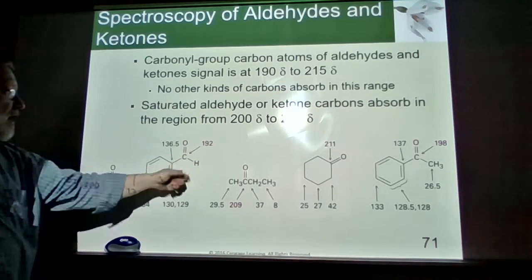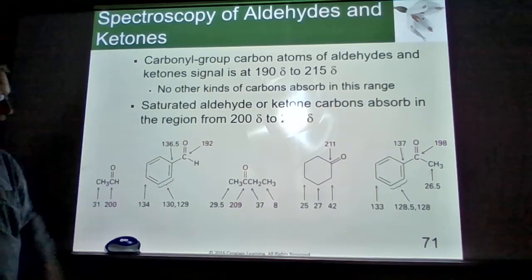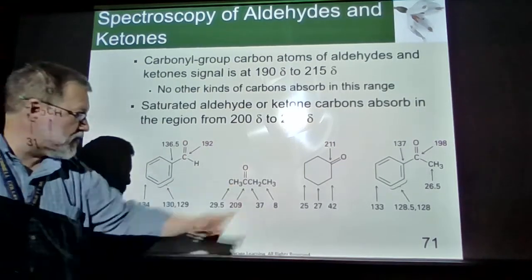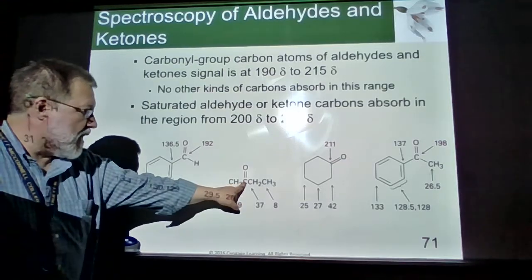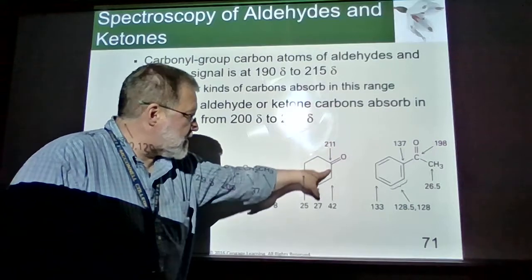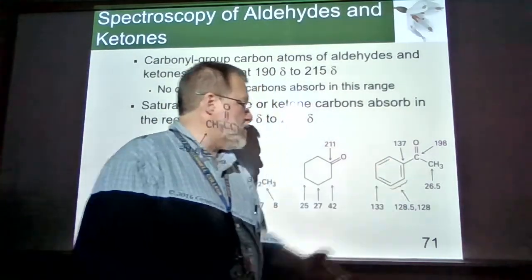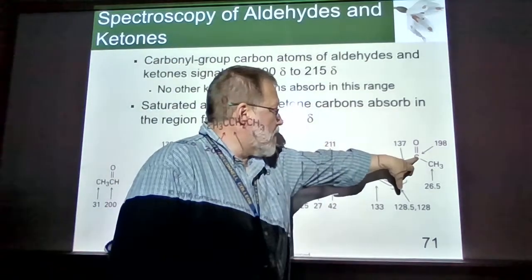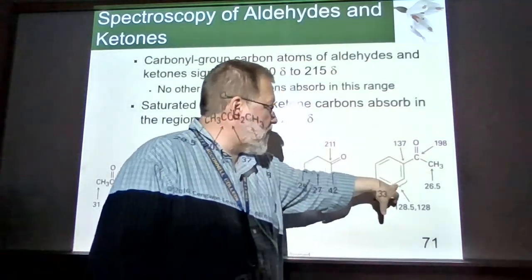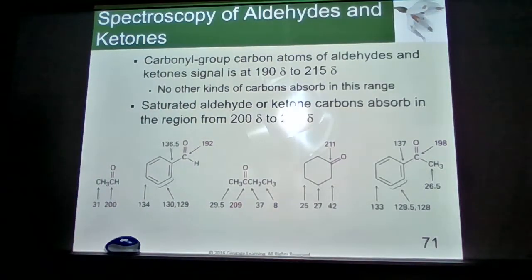This is an aromatic aldehyde. It's conjugated to the double bond, 192. Butanone, non-conjugated, above 200. Again, cyclohexanone, carbonyl above 200. Acetophenone, carbonyl, since it's conjugated to the aromatic ring, it's below 200, about 198.